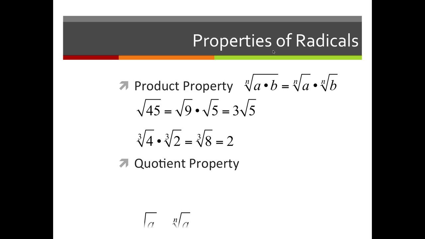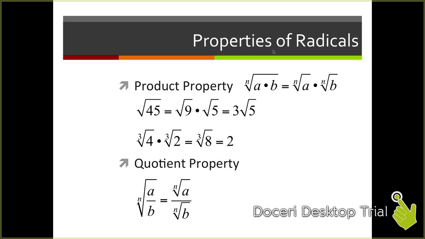Similarly with the quotient property, again, if you think about what this would be as exponents, we would be saying that I could take A over B all to the 1 over n power. And that would be the same as taking A to the 1 over n over B to the 1 over n.